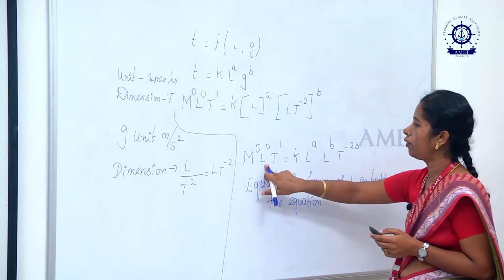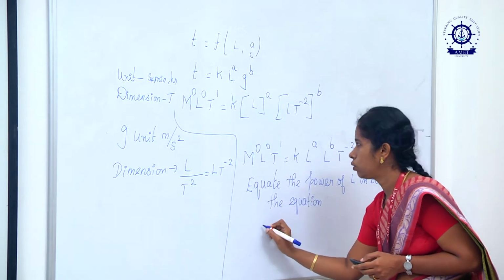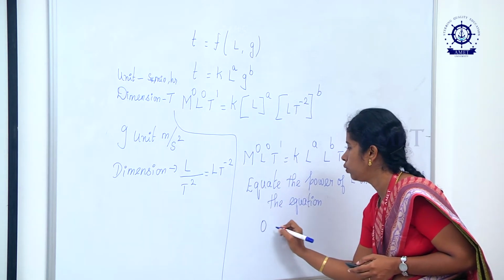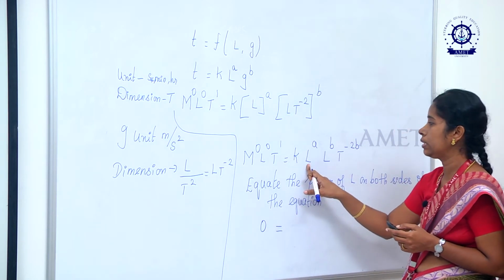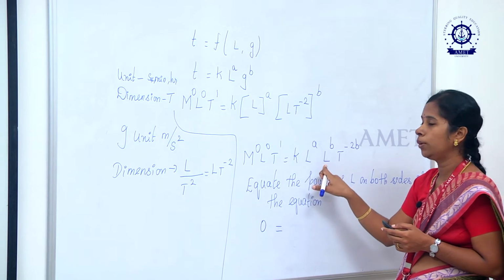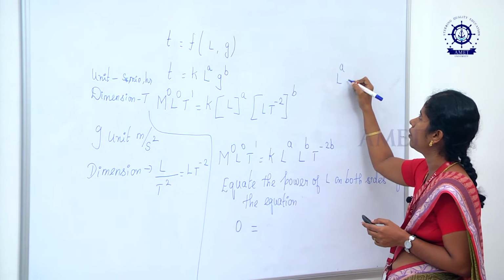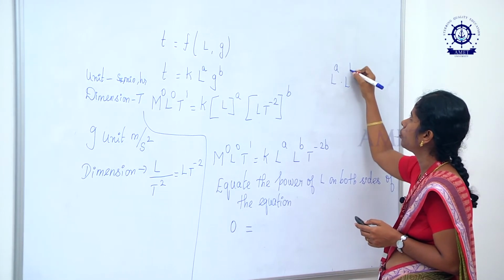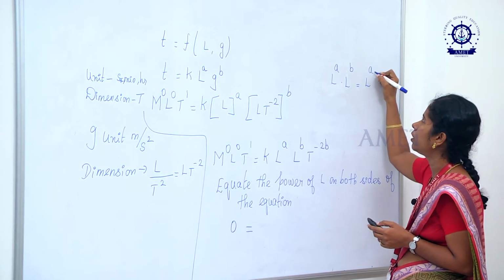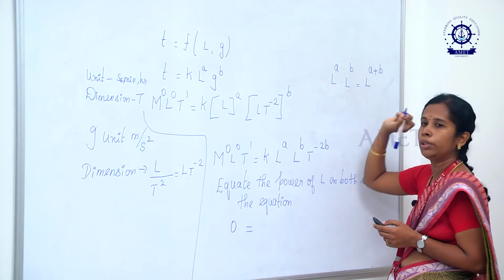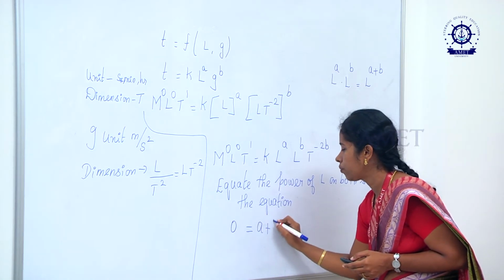What is the power of L in the left side of the equation? It is L power 0. So, you write 0 will be equal to, in the right side it is L power a into L power b. When the bases are same, you can add the powers. So, the power on the L will become a plus b.